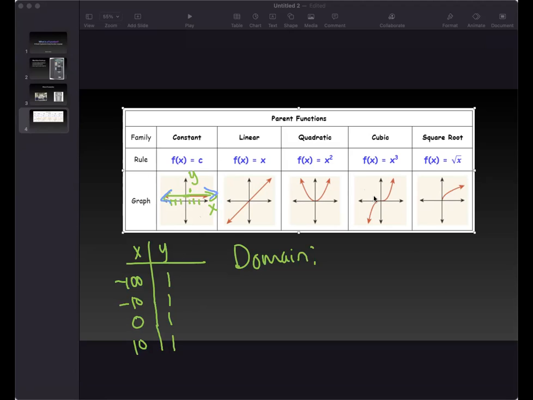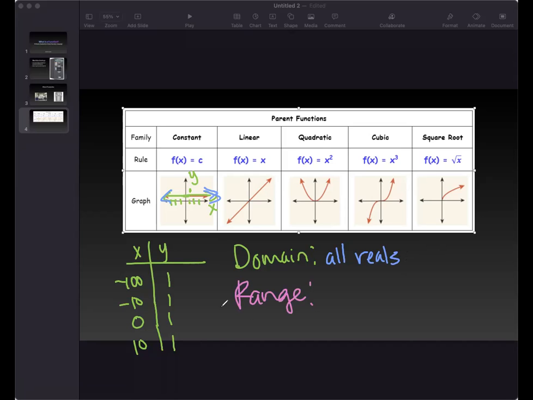We'll go over that in more detail later, but an asymptote looks like a dotted line, and we don't have any of that. We just have this function going on forever in both directions. So that tells me that the domain is all real numbers, basically meaning anything. I can put in negative 100, I can put in positive 100. There's no restrictions.